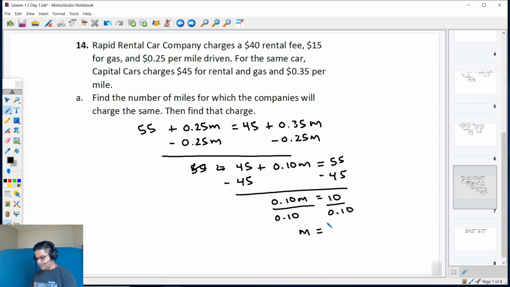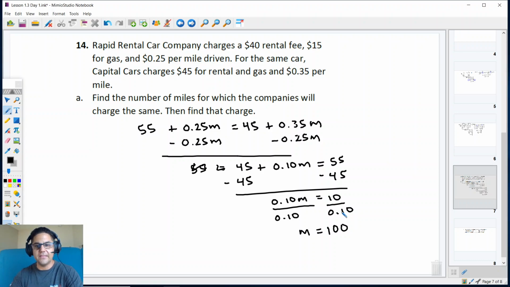I'm going to type in 10 divided by 0.10, and that gives me 100 miles. So at the 100-mile mark, both companies would be charging the exact same.